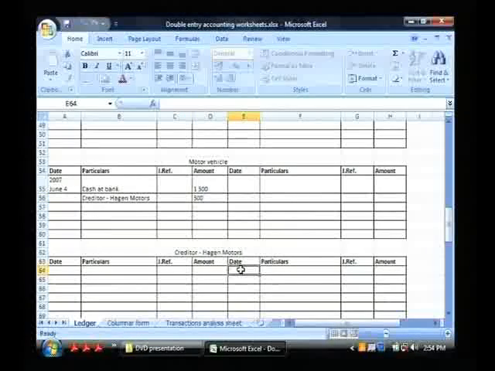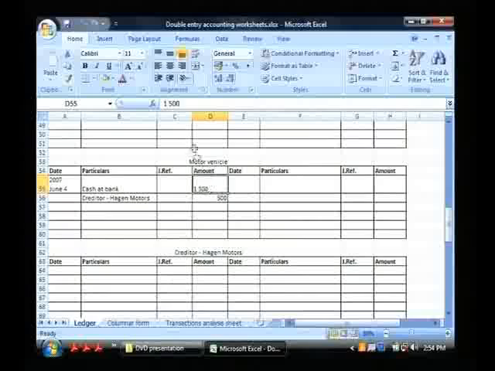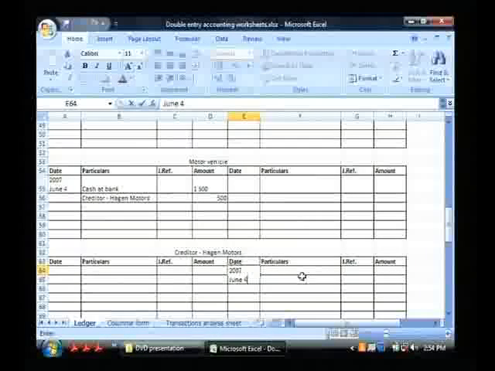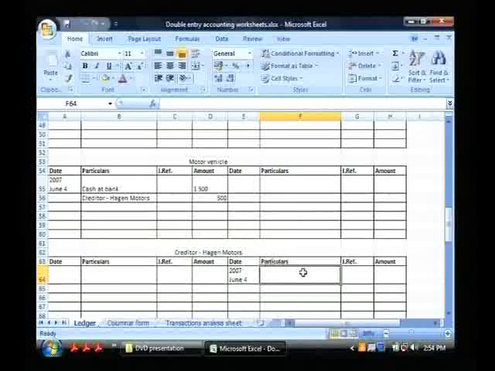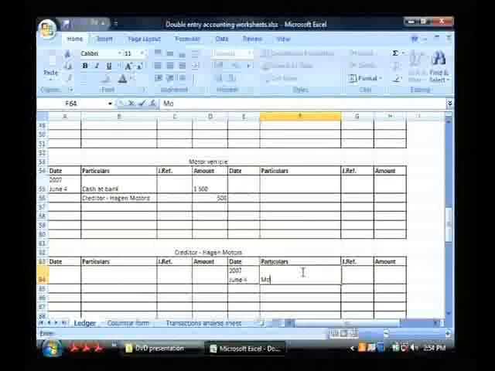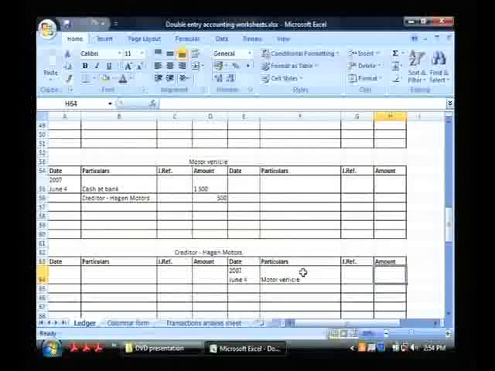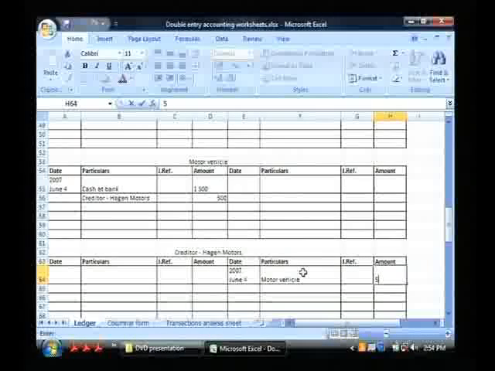Hagen Motors 500 kina here, 2007, June 4th, motor vehicle account. Motor vehicle account debit, and Hagen Motors credit 500.